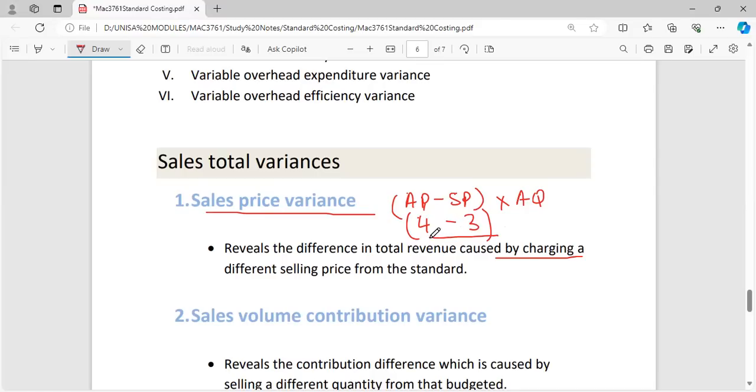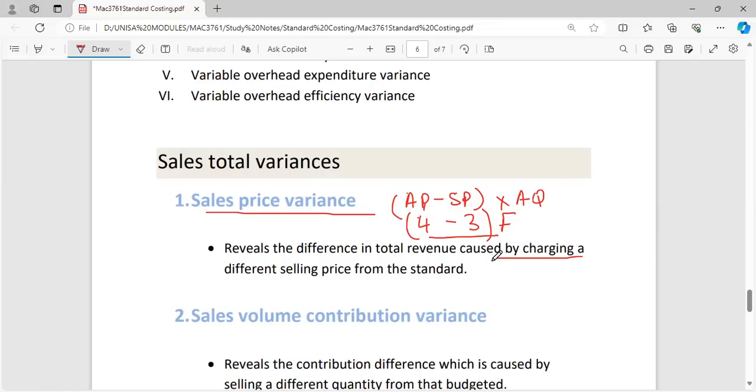Is it clear to everyone how it becomes favorable? It's now vice versa to the cost variance. Anyone who can try to explain why it becomes favorable?